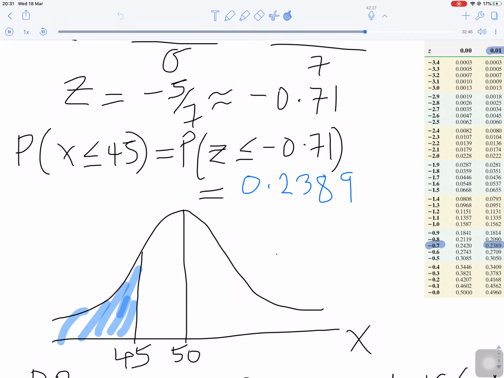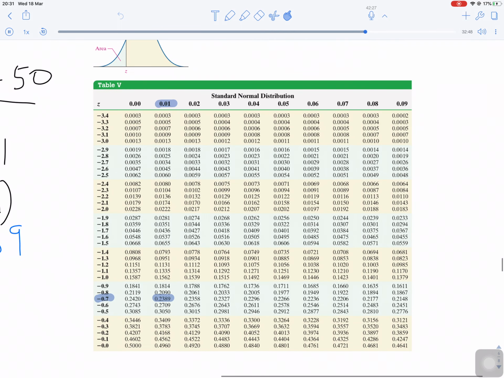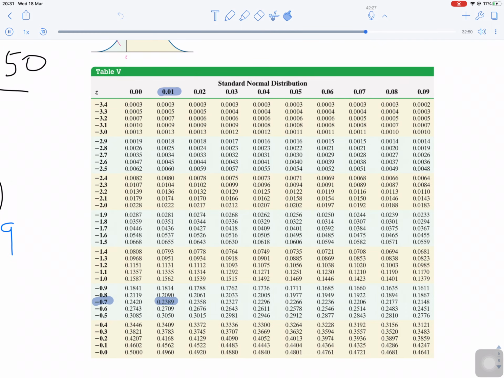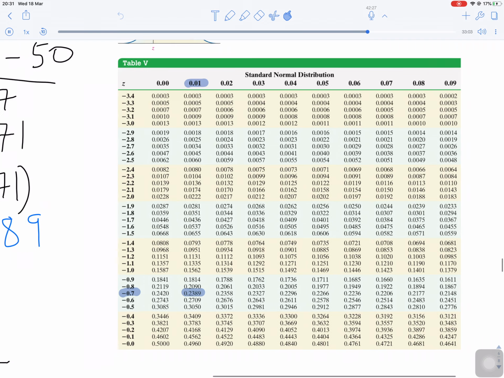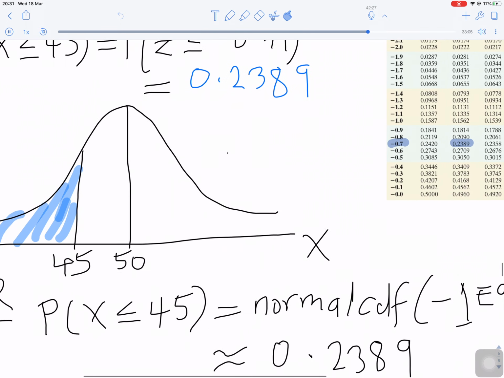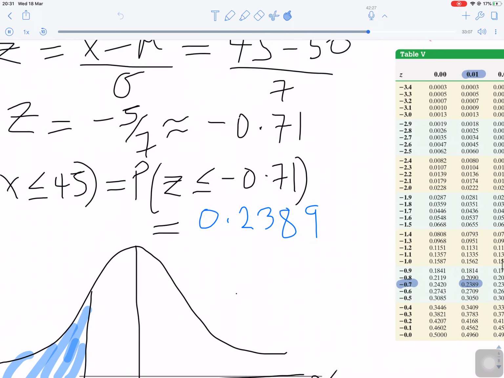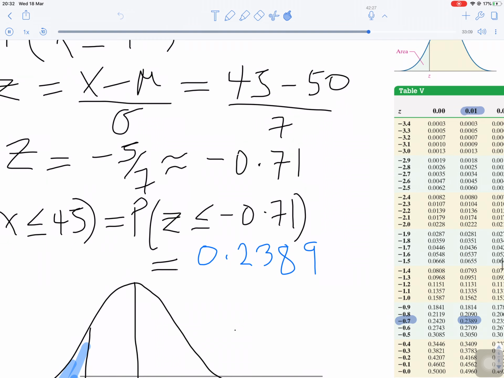Now looking at the table, we look along the row for negative 0.7 and along the column for 0.01, and that gives us 0.2389. So the probability of x being less or equal to 45 is 0.2389. That is how you use the standard normal table.